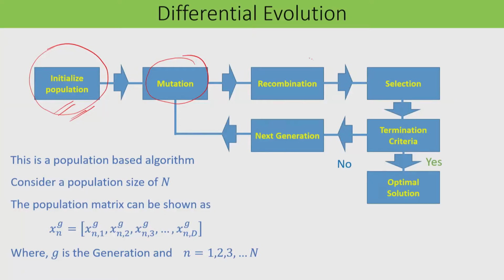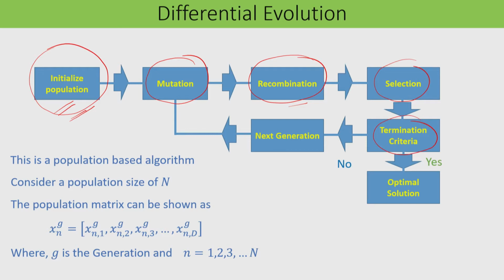And then we are using recombination, and this is also not similar to what we have used in case of genetic algorithm. With recombination we are creating a new solution, and after that we are applying the selection operator.